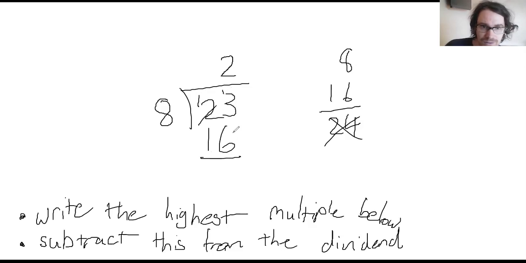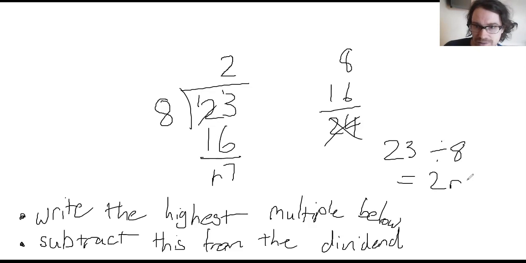Borrow from the 2. So on the right we have 7, on the left 0. Our remainder is 7. In other words, 23 divided by 8 is the number on top, 2, with a remainder of 7. Let's try another one.